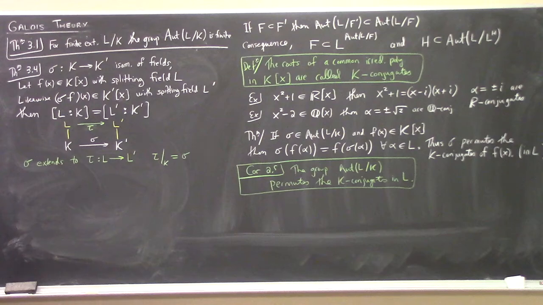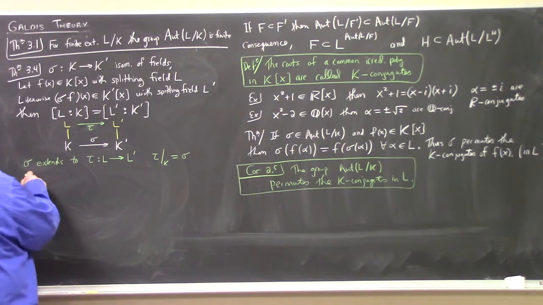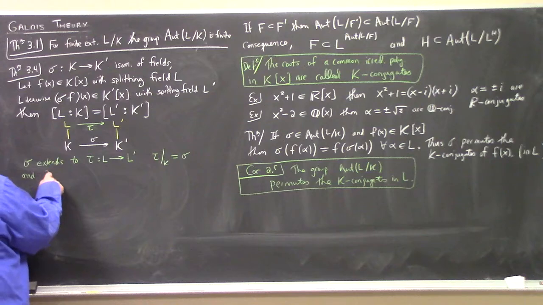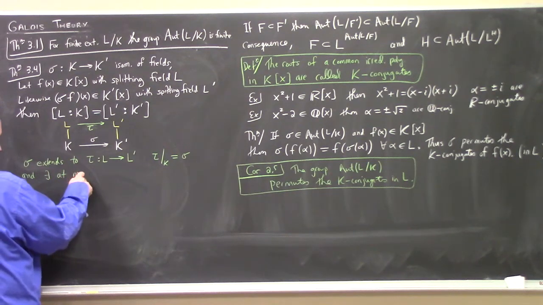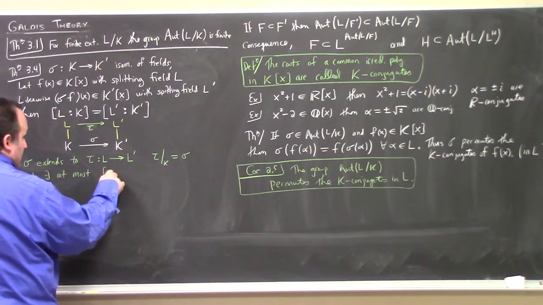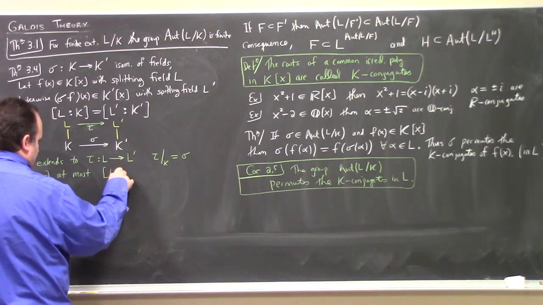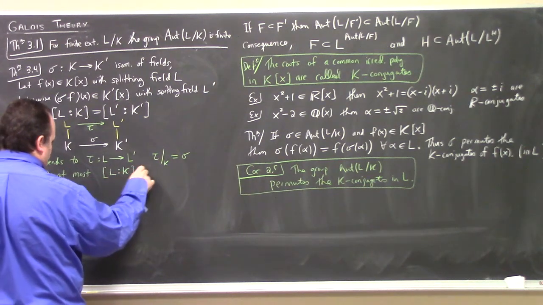And how many such choices, how many such tau are there? There exist at most the degree of L over K such tau.